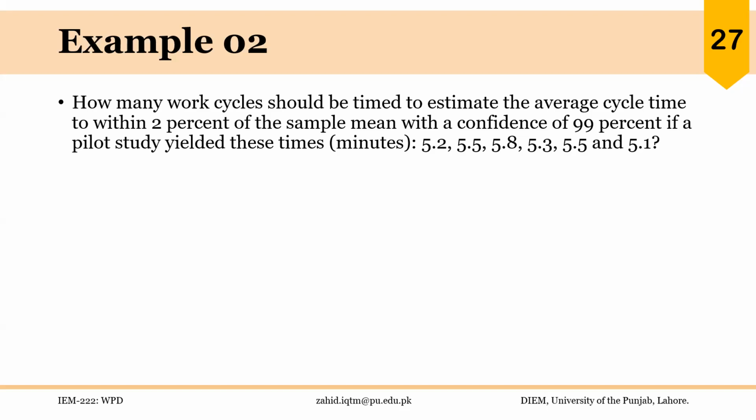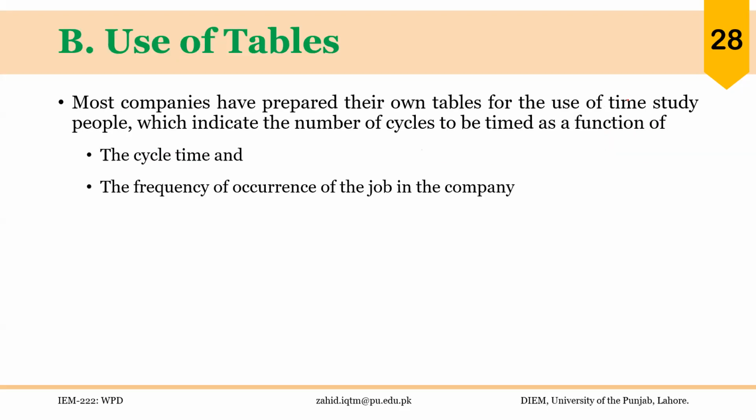Here we are given some observations from the initial sample. So you have to find the mean and the standard deviation, and then you have to find N, the number of observations, when the error given is 2% and the confidence level is 99%. So I hope you can solve it.